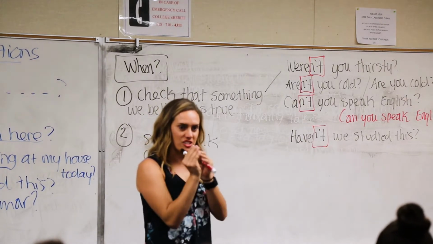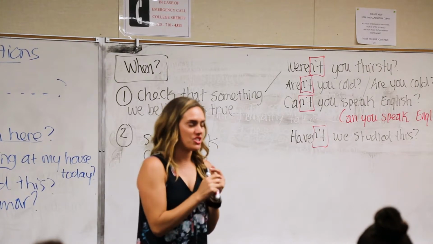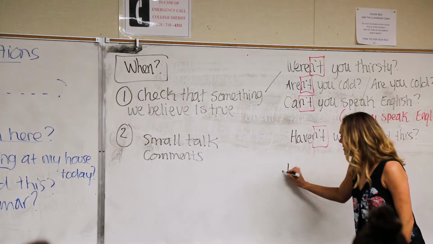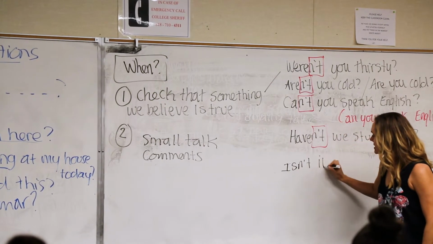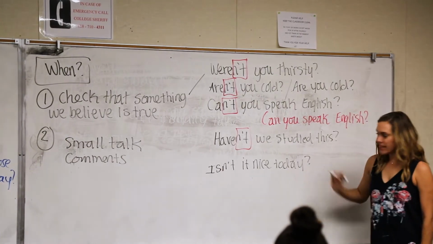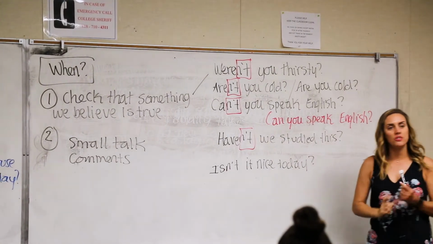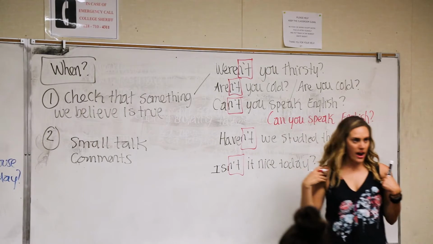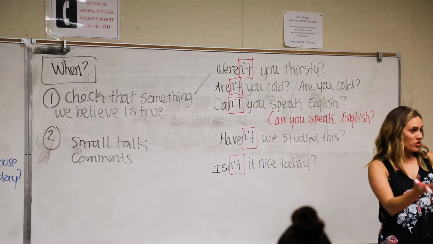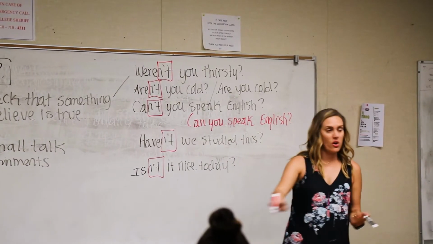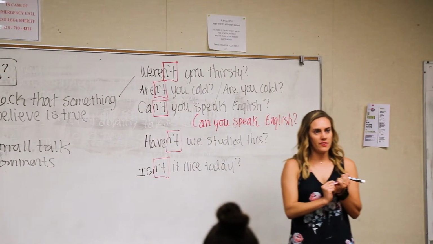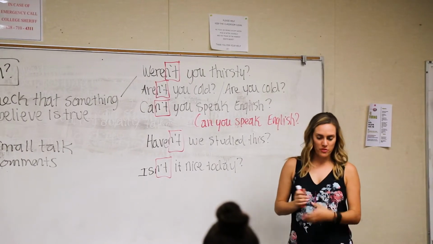That's small talk. It's just silly conversation, right? So one very common thing is, isn't it nice today? That's a negative yes/no question because I'm here, you're here, we can see the weather. I know you know it's nice, so I'm just trying to talk to you, right? So we do it for both of those things.